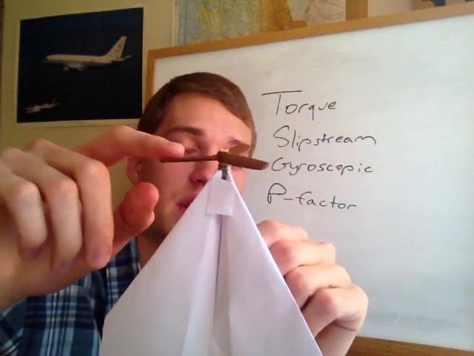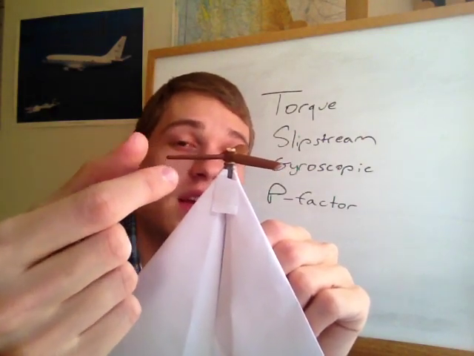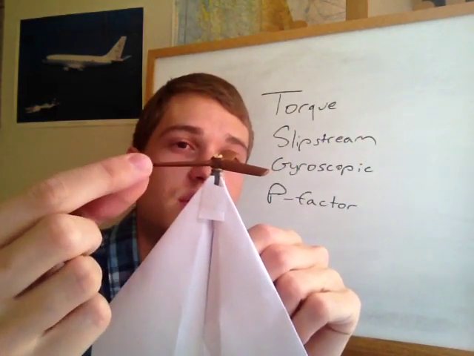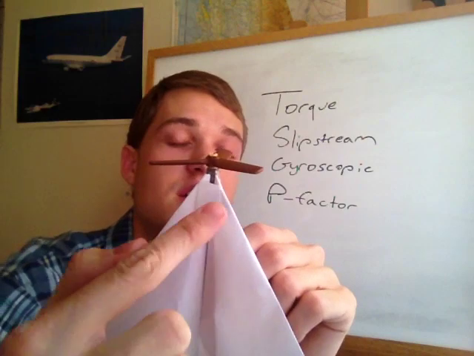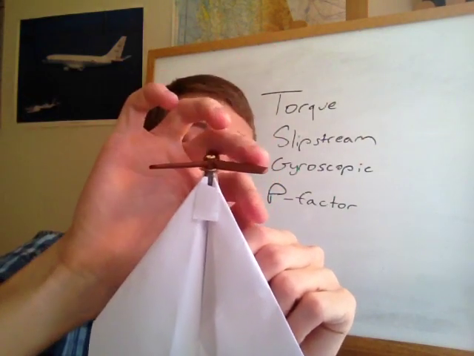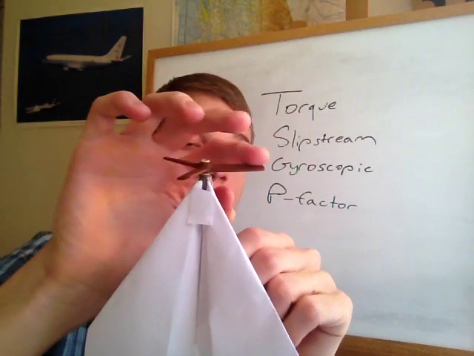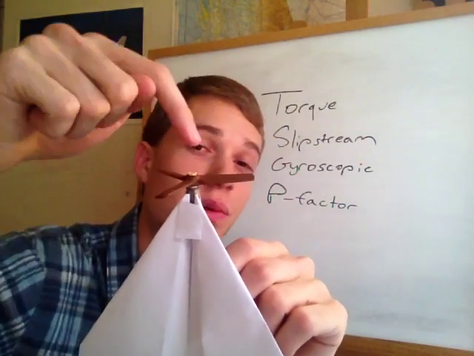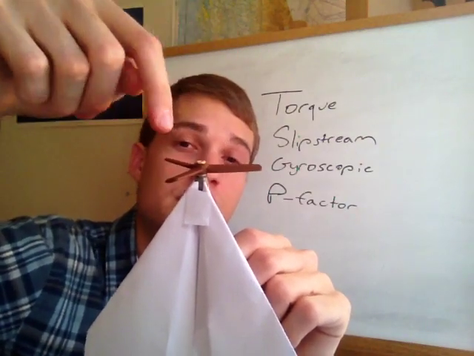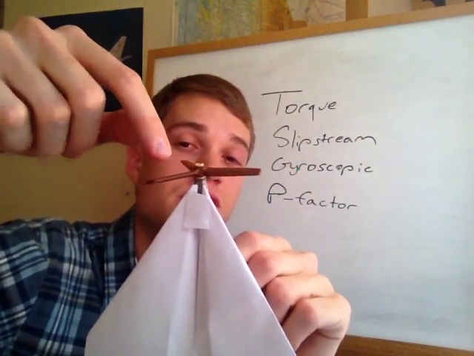So the ascending propeller on this side is actually taking a lot smaller bite out of the air. It has a lot less surface area exposed, and you can see the descending propeller is taking a lot bigger bite out of the air as it descends. And so what happens is this propeller is actually making a lot more aerodynamic force than the propeller on the other side.